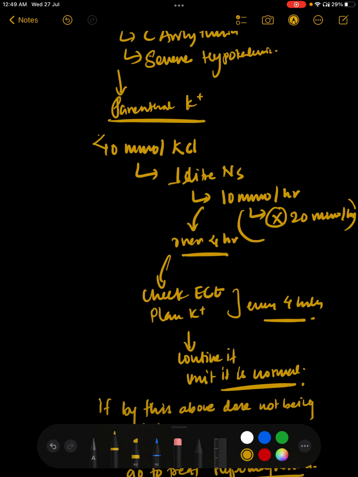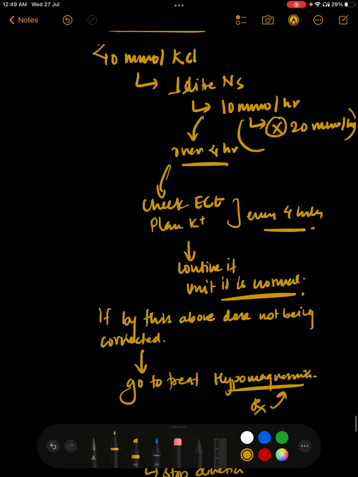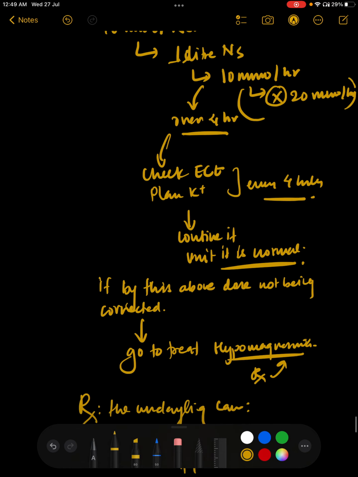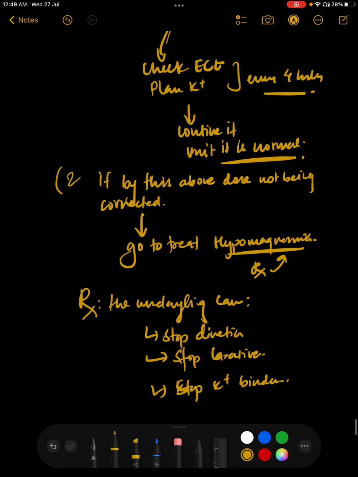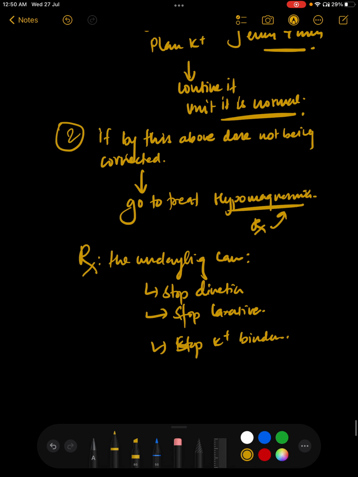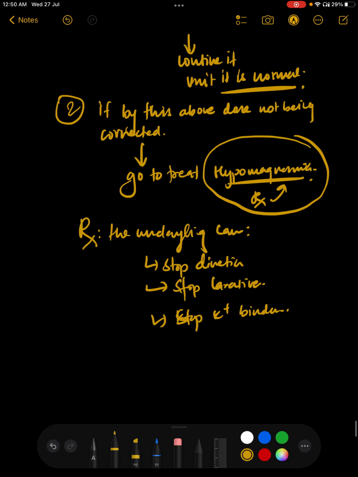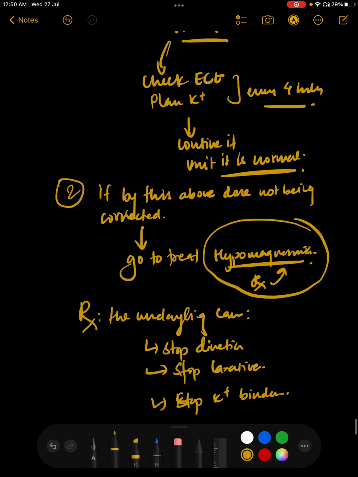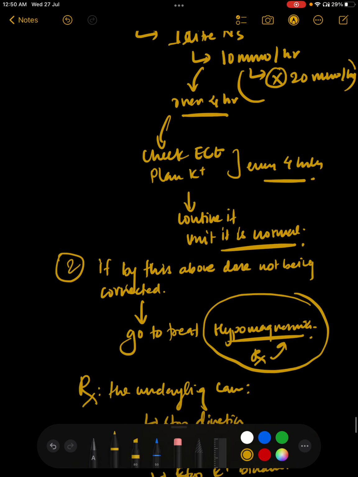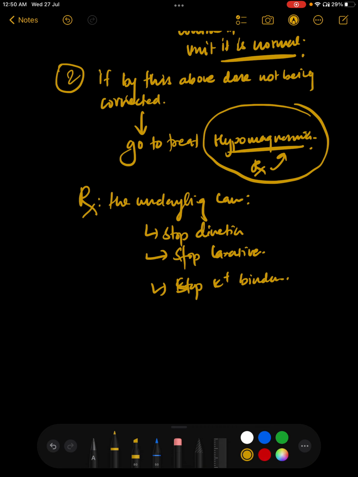Parenteral potassium is the first thing you have to do at these doses, and if the above doesn't work, we go to treat hypomagnesemia, because hypokalemia also persists due to hypomagnesemia. If there is no improvement, treat the underlying cause, like stopping diuretics, laxatives and binders.